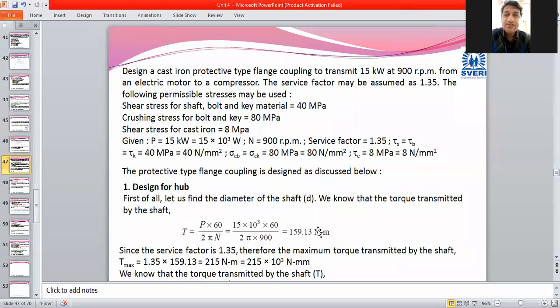So the torque we are going to consider for the design is 159.13 multiplied by 1.35, and that is equal to 215 Newton meter, that is 215 into 10 raised to 3 Newton millimeter. Now this torque we are going to use for further calculation.